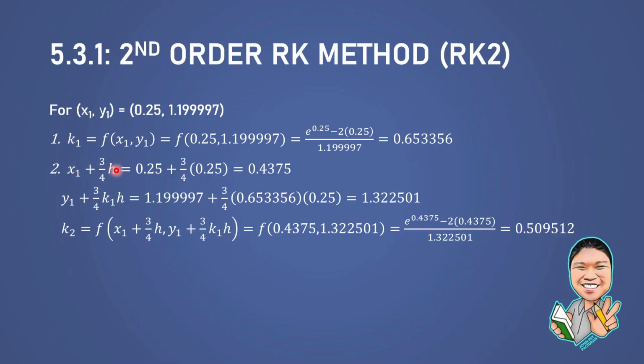Yung ating x sub 1 plus 3/4 h. So, yung 0.25 plus 3/4 ng h na 0.25. So, that is equal to 0.4375. Meanwhile, yung y sub 1 plus 3/4 k1 h is equal to yung y sub 1 natin is 1.199997 plus 3/4 ng 0.653356. Ito yung k sub 1.